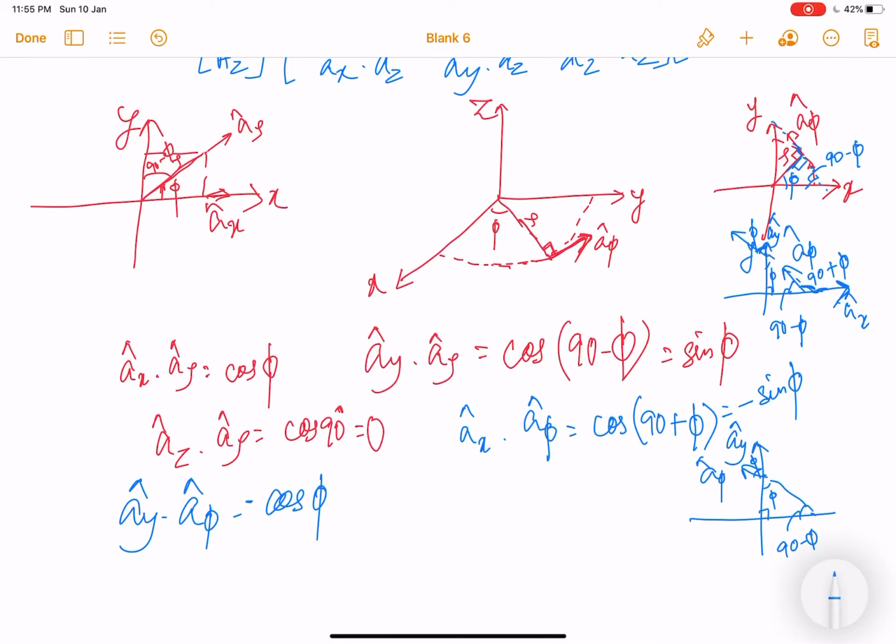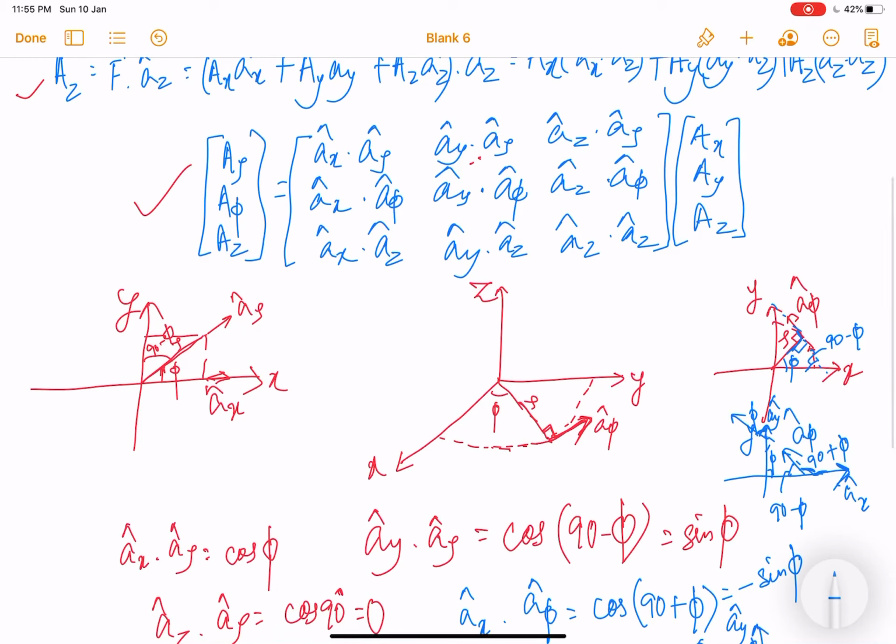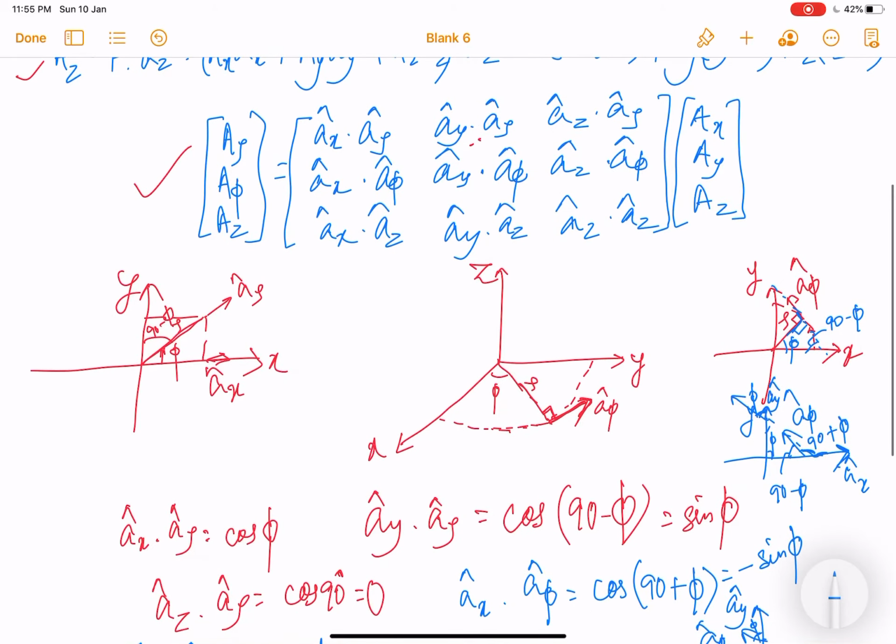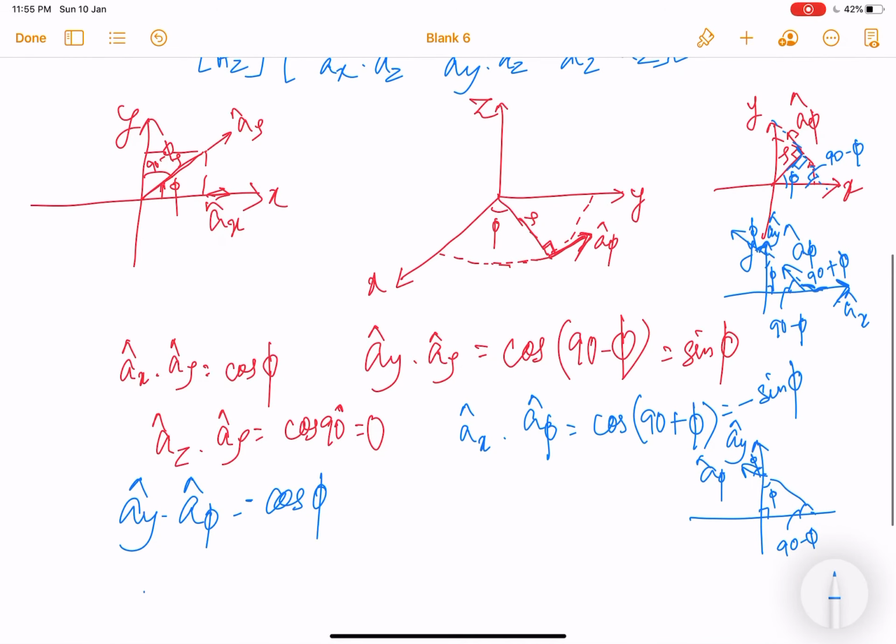The next is az cap dot a phi cap. As we have seen, a phi cap is in the xy plane, so it's perpendicular to the z axis.